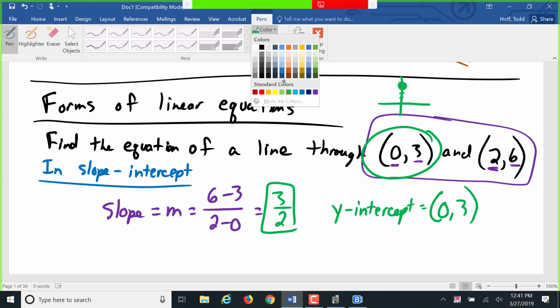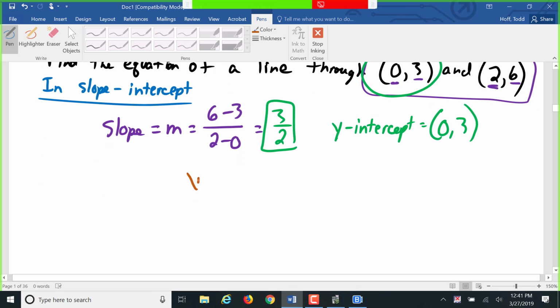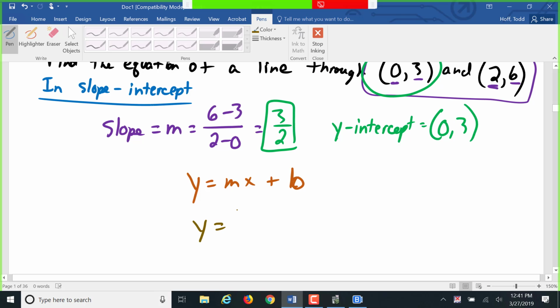So now we can write this equation in slope-intercept form. It's just y equals slope times x plus the y-intercept. Well, here the slope is 3 over 2, so 3 over 2 times x. Our y-intercept is the 0, 3, so plus 3. And we've written our equation.